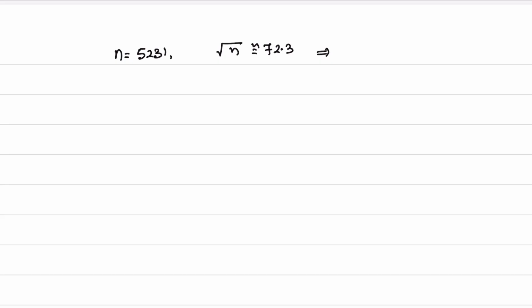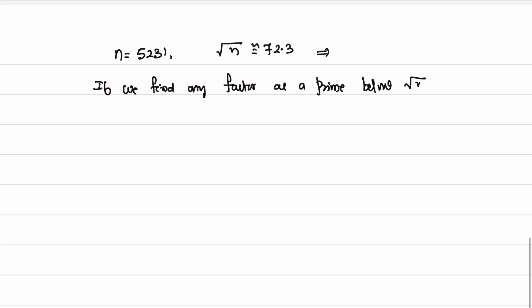That implies if we find any factor as a prime below the square root of n, then it is not prime.